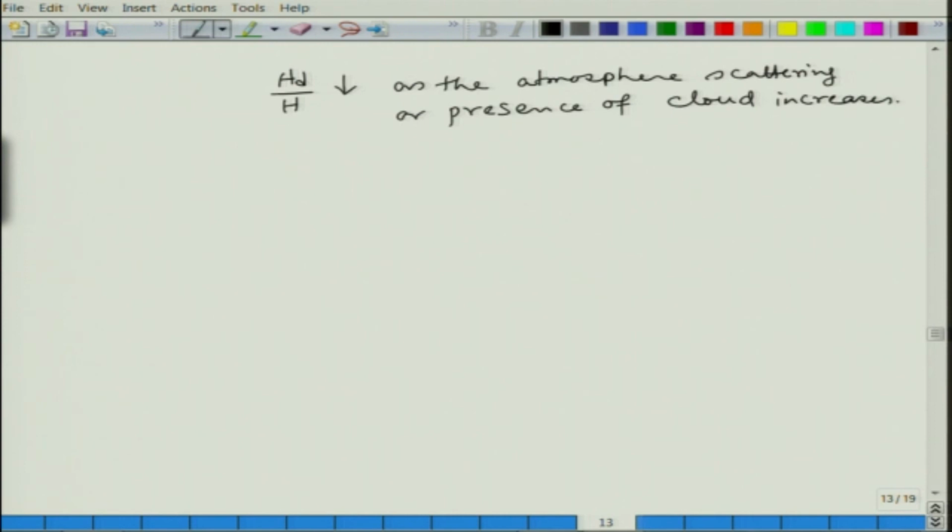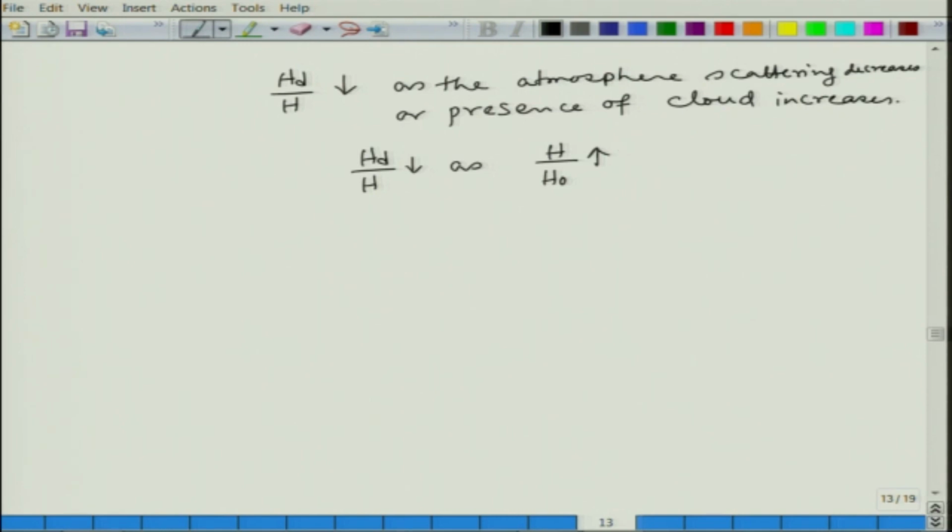Basically we can relate this: H d by H will decrease as H by H naught increases, where H naught is the extraterrestrial value.